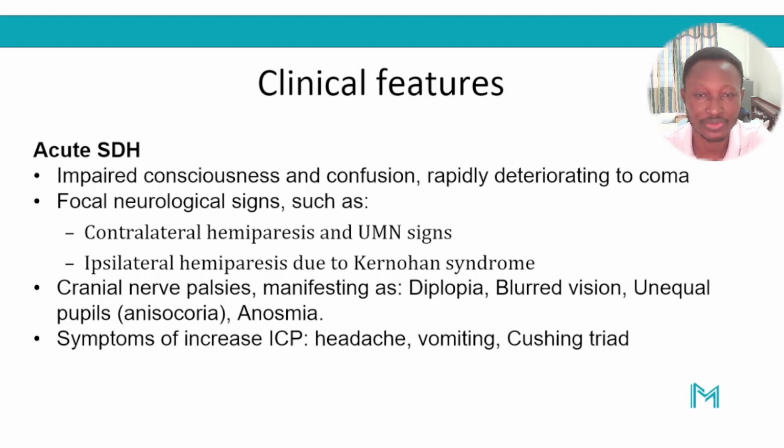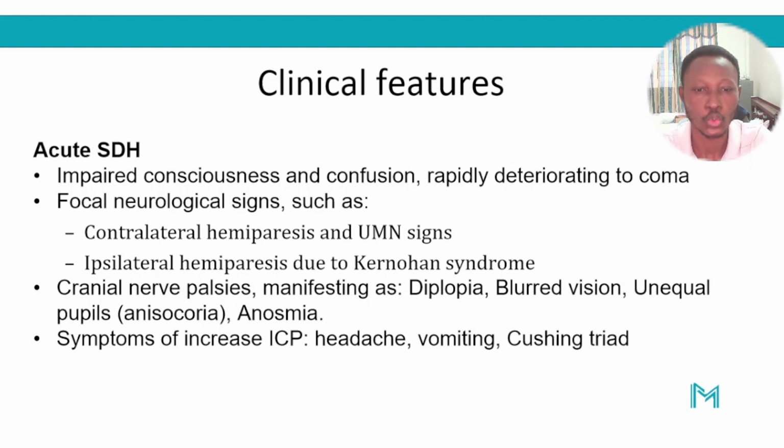Then you have your Cushing's triad. The Cushing triad is from the Cushing reflex, where your body tries to increase the blood pressure in order to push more blood to the brain. When you have an increase in the cranial pressure, blood supply to the brain reduces, so the pressure with which blood moves to the brain has to increase in order to allow for blood circulation to the brain.